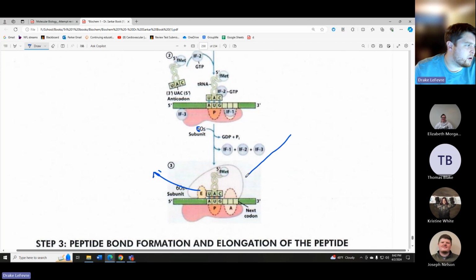Our new tRNAs come in this way, and the whole thing slides down. It goes from the A site, slides to the P site, another one comes in and slides, and it slides and slides, leaving that amino acid chain growing and growing.